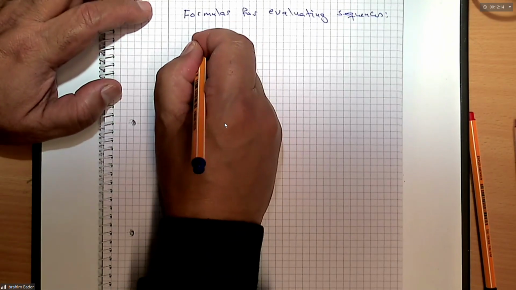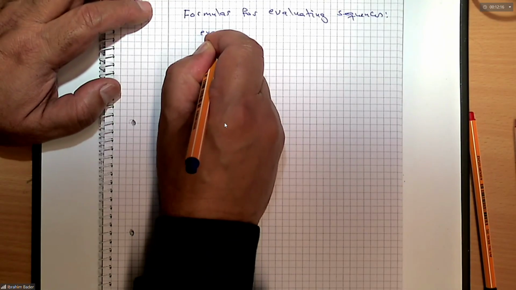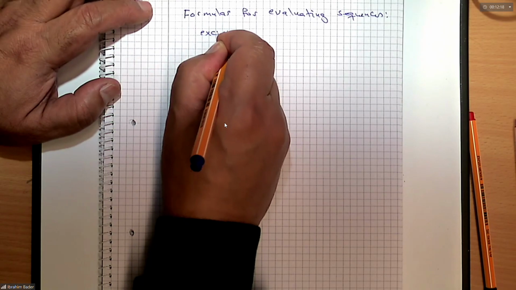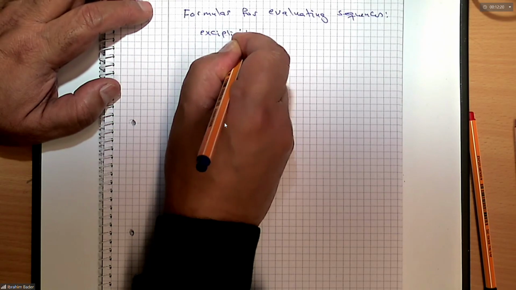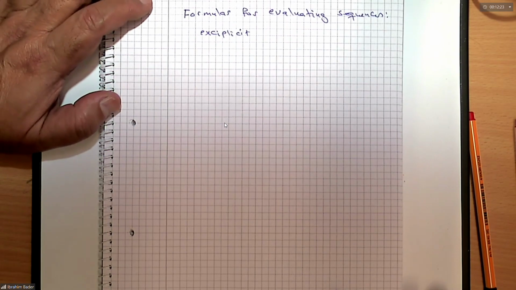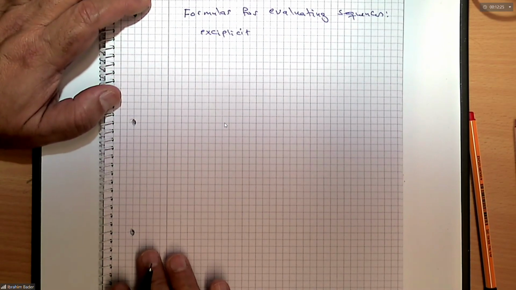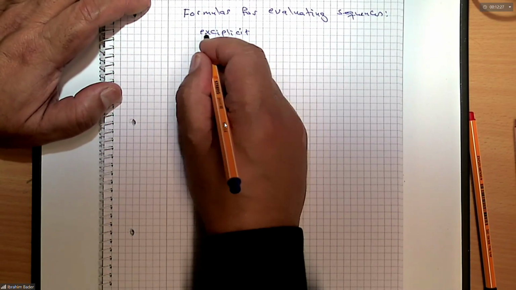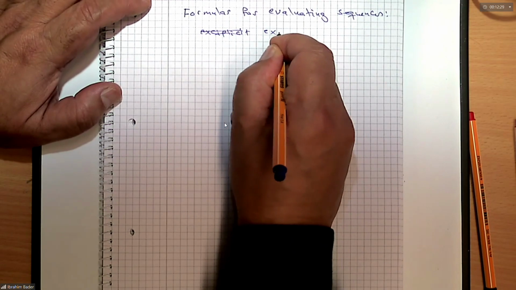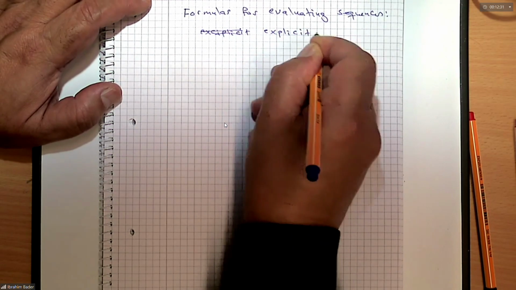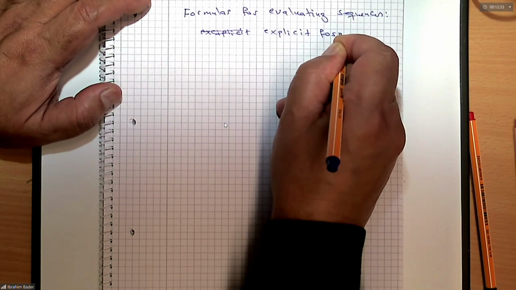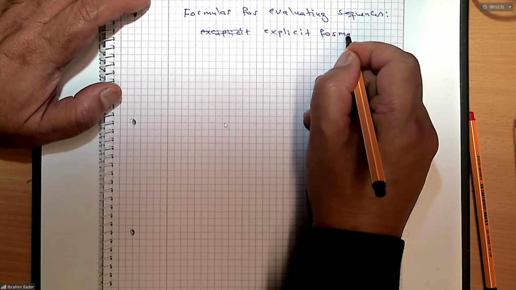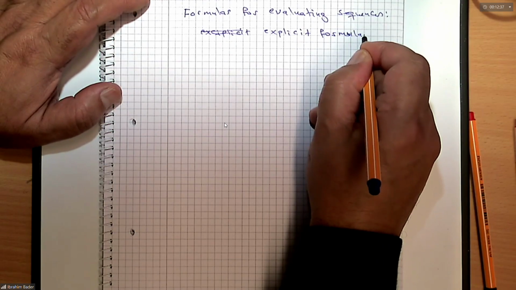The first one, we say it's an explicit formula. That means you just give it as a function. Okay.